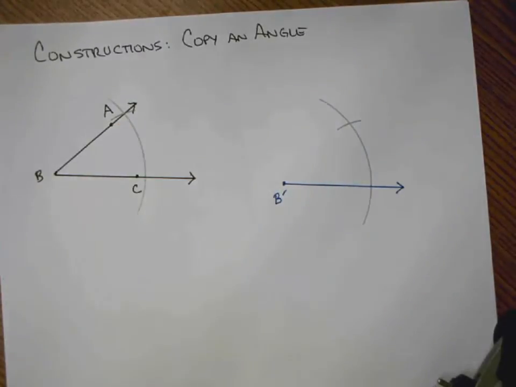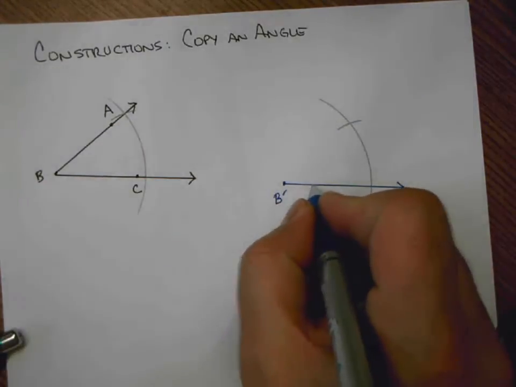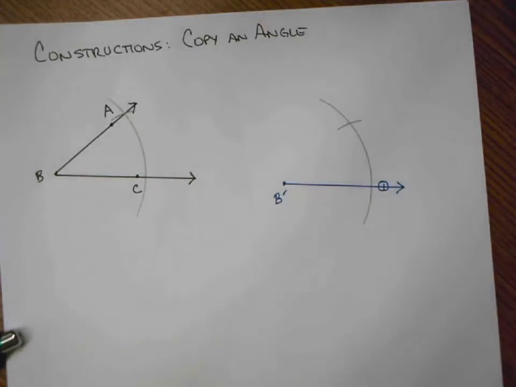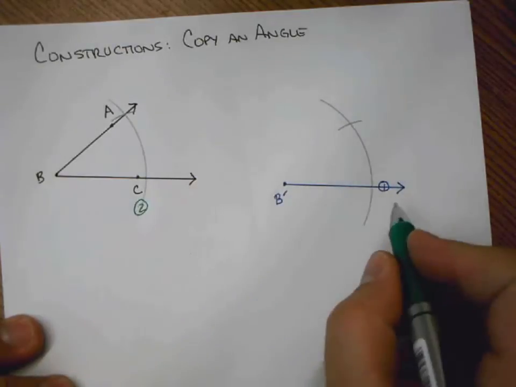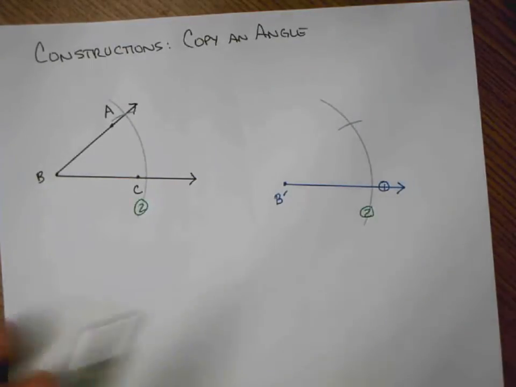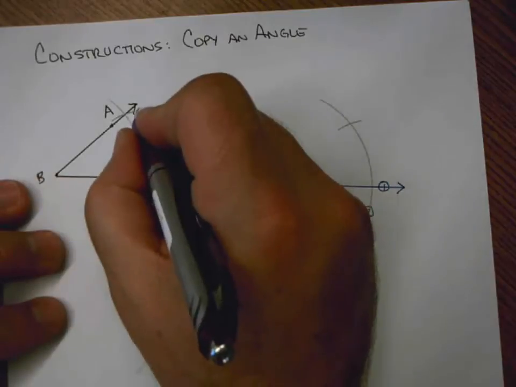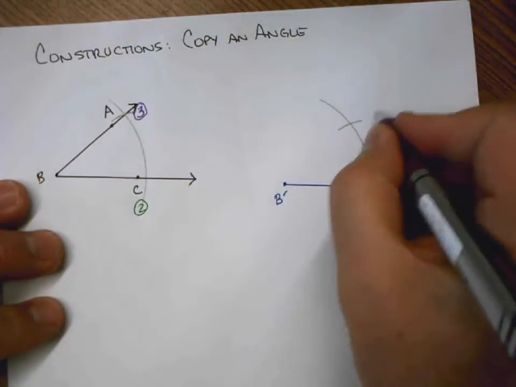In other words, step one was my first ray. Step two was to create corresponding arcs in both locations. Step three was to find the opening of the mouth, how wide the mouth is open.